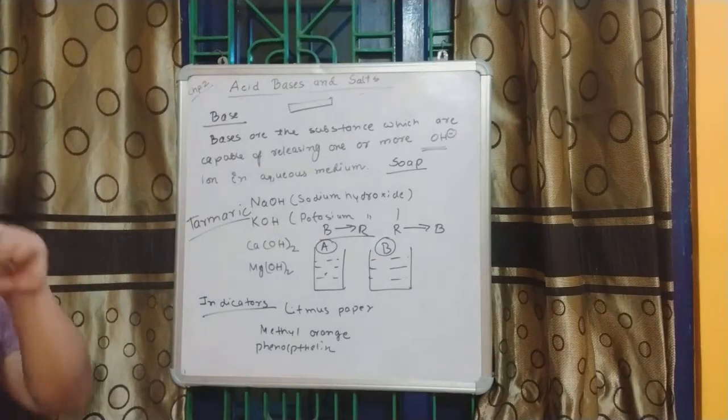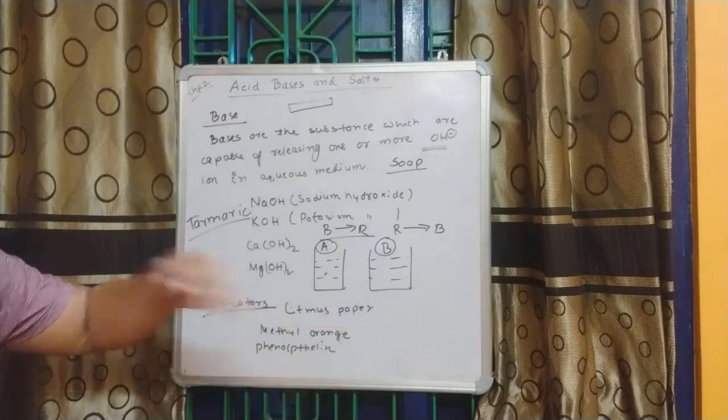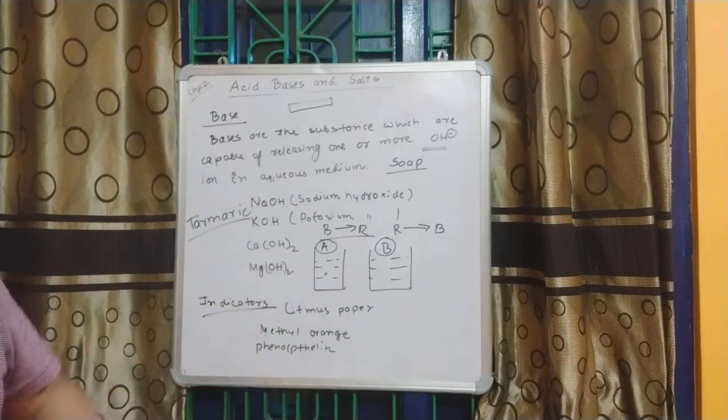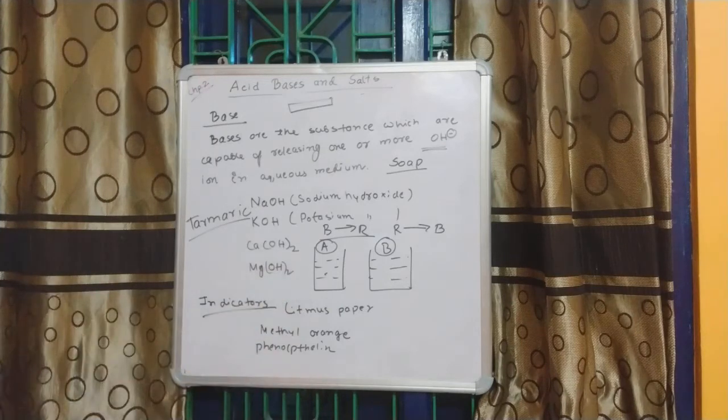For this particular class, I think this is enough. Since this is only an introductory class, I do not want to make it lengthier. You just take the basic knowledge of what is an acid, what is a base, what is the basic difference between an acid and a base, how they are classified, what their types are, whether an acid is a mineral acid or organic acid, and what the indicators are and their uses.